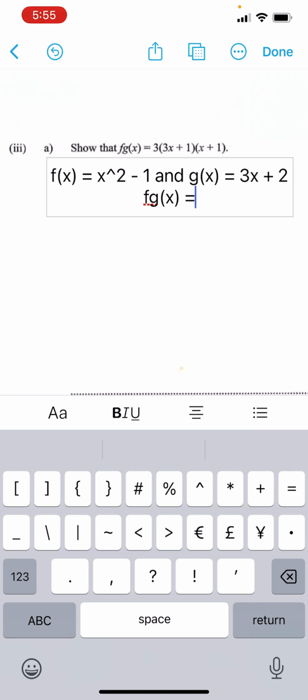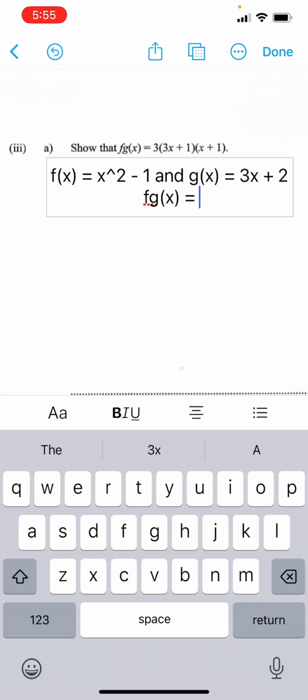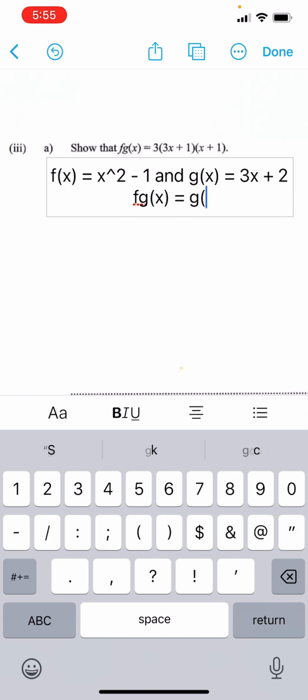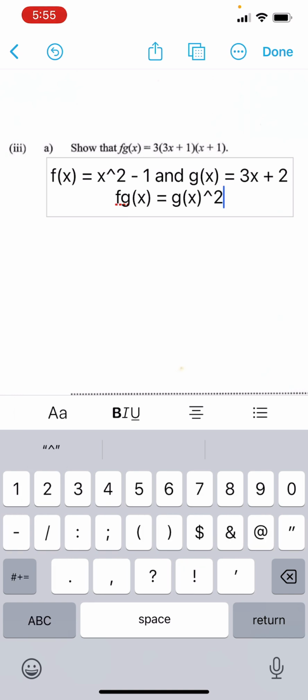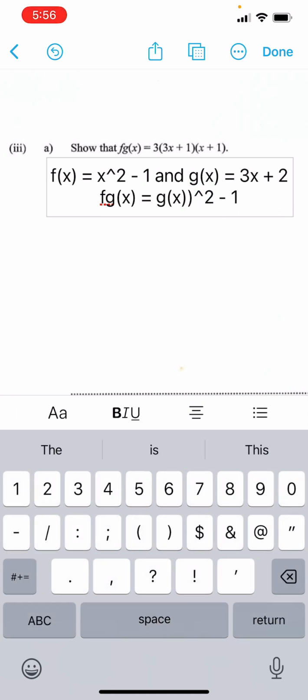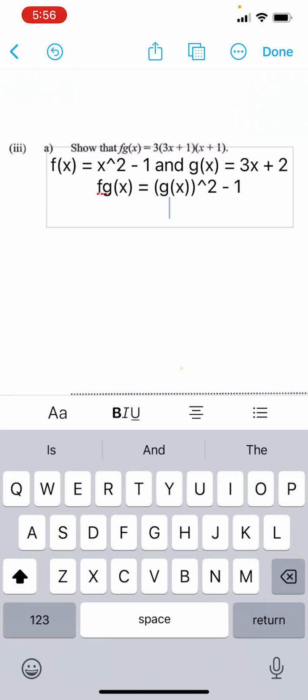Now, in composite functions, this is how you treat it, right? I'm going to write like this first. G of x squared minus 1. I'm going to put this in bracket, another bracket. So this is what he's basically asking, right?